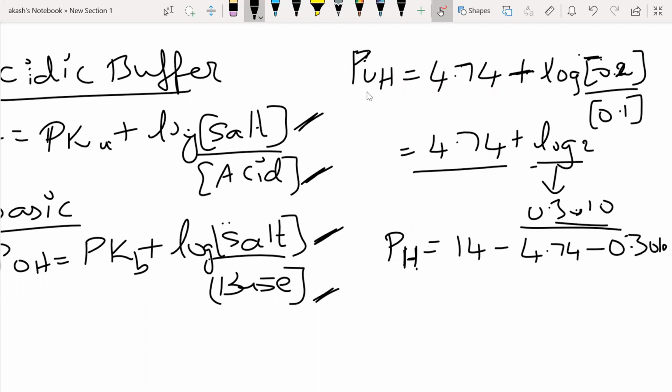Find the amount of (NH4)2SO4, ammonium sulfate, right?